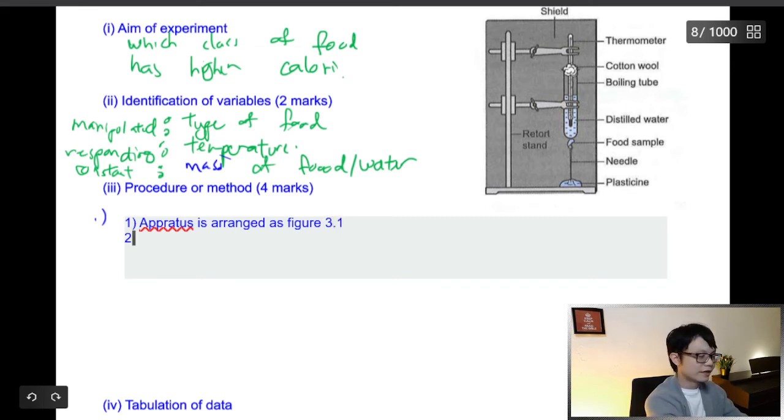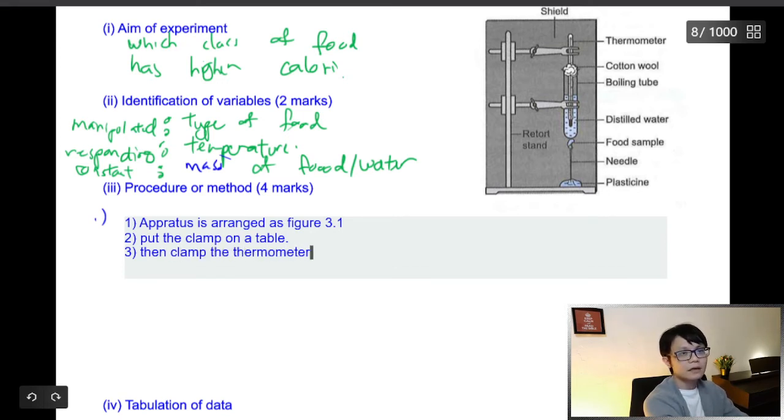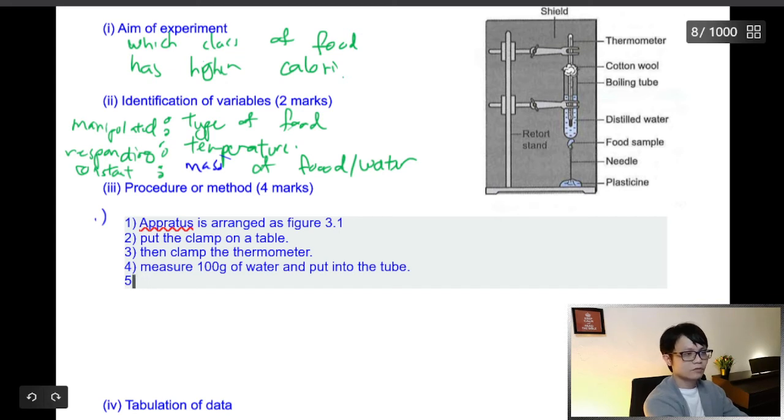Then maybe number 2 you can write, okay, anything, put the clamp on a table, just use your own words. Then look at the diagram, clamp the thermometer, then put a cotton wool, measure 100 gram of water and put it into the test tube. Then maybe use cotton wool to close it.